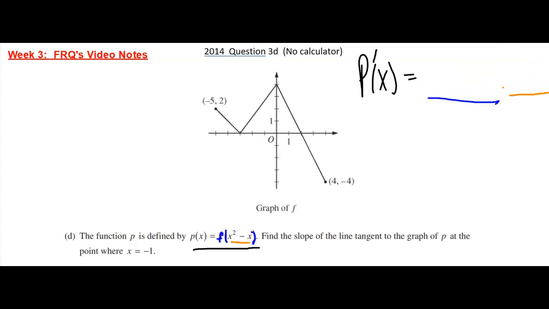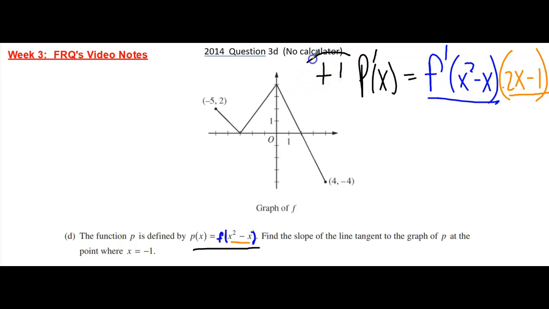So how do we take the derivative of f? Well, it's just f prime. And when we do that, we don't change the inside. We're going to leave it exactly as it is. And then we're going to multiply that by the derivative of the inside, x squared minus x, which is going to be 2x minus 1. Okay, there's our derivative. And on the FRQ, this would be worth 1 point. Just finding that derivative is going to be worth 1 point.